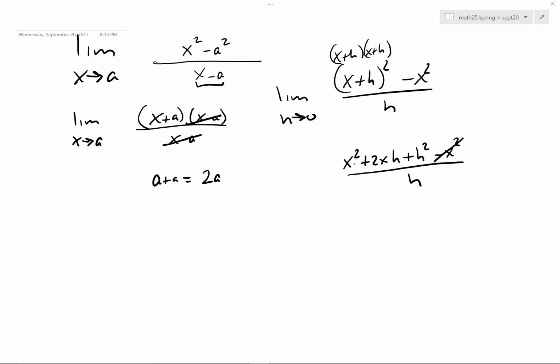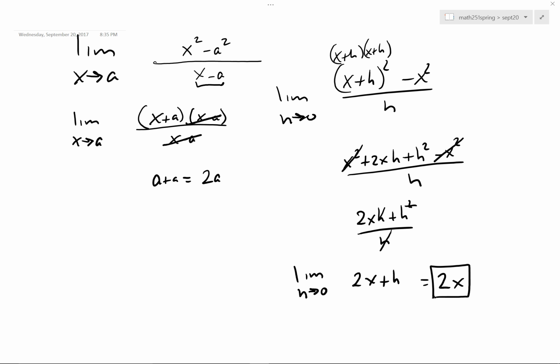The x's will cancel. Well, they all have an h. So you end up with 2x plus h. And what is the limit as h approaches 0? It's 2x.